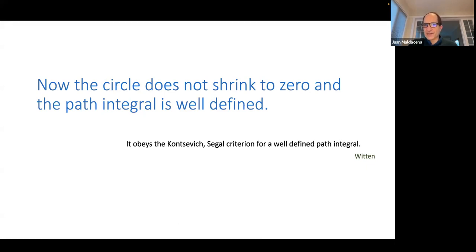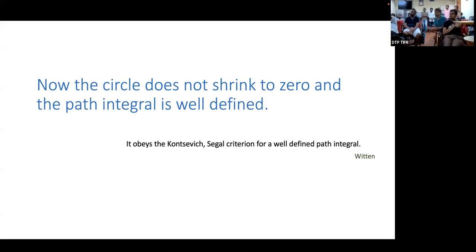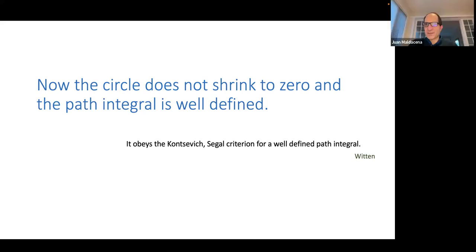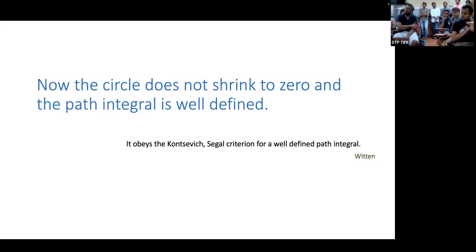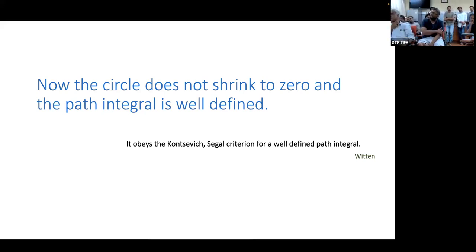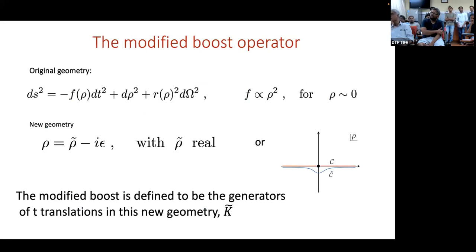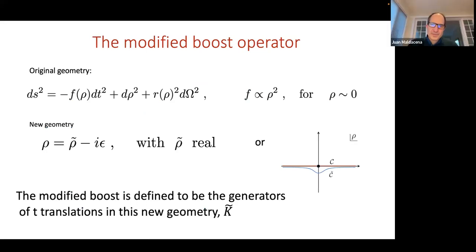Was there a question? Is this the same as adding a little bit of Euclidean time evolution? No, it's not. The other epsilon prescription doesn't work, and this works. Well, this is the i epsilon prescription that works. I'm not sure which other prescription you have in mind.